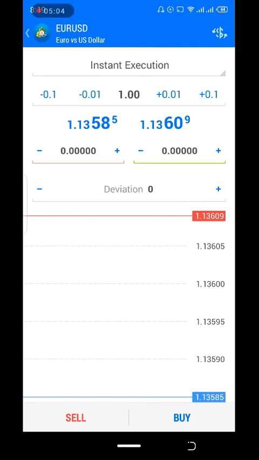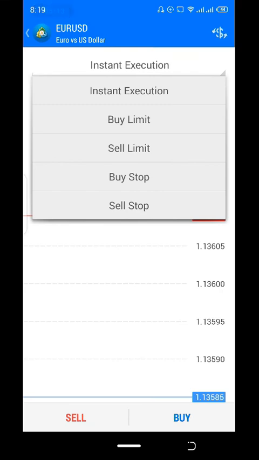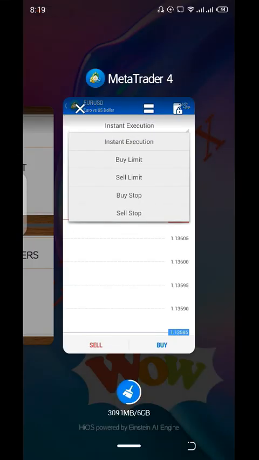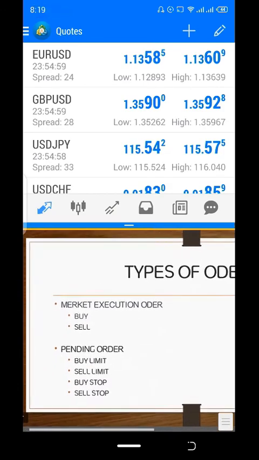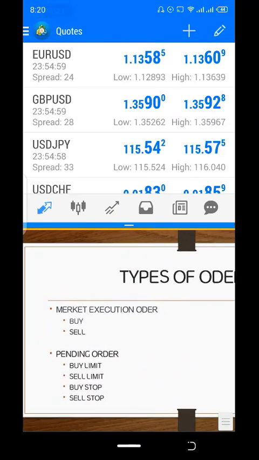Now the market is closed because I'm doing this on the weekend, and we have pending orders. We have market execution orders, which are buy and sell.